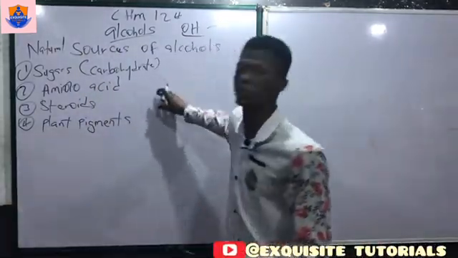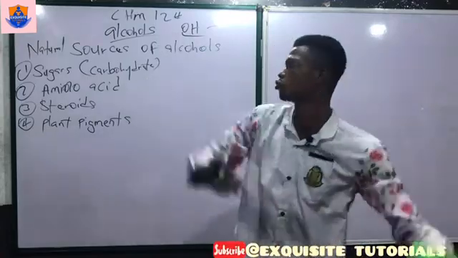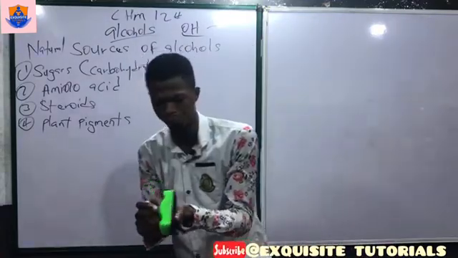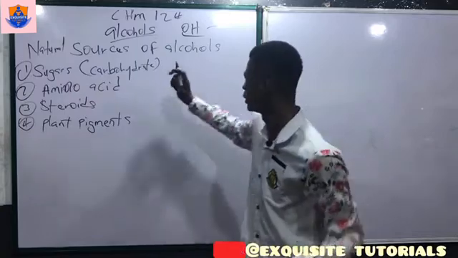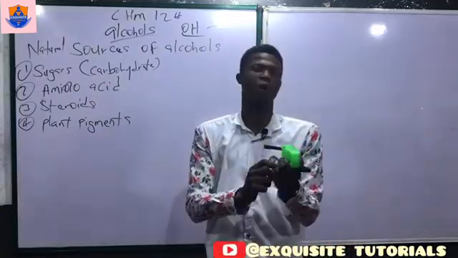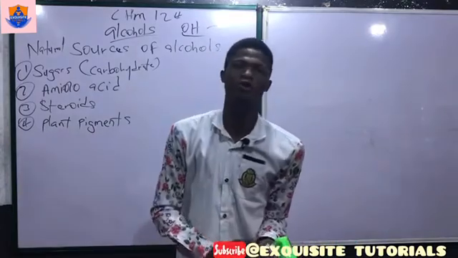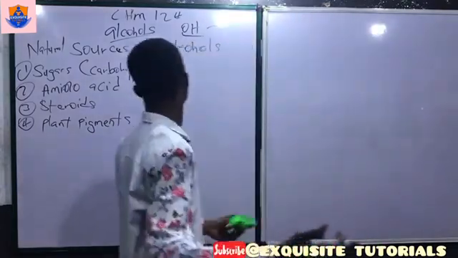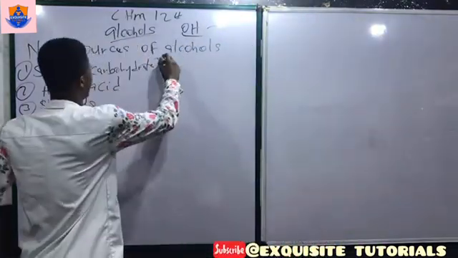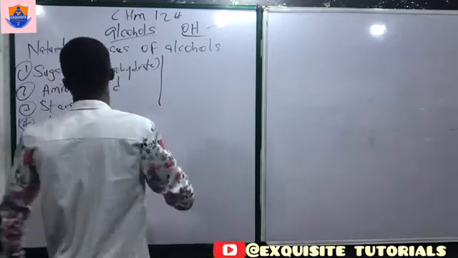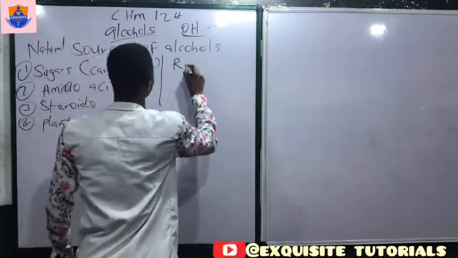Now, let me ask you a question. One of the following is not a natural source of alcohol. Number one, ribose.